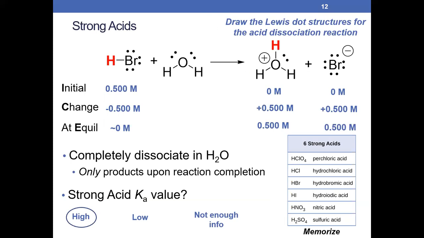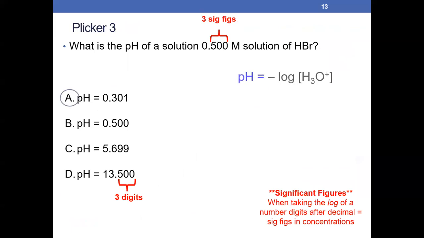So we're creating the concentration that we have initially of our acid in H3O+. From there, we just have to plug our concentration of H3O+ into our pH equation. If I take the negative log of 0.5, that gets me to a pH of 0.301.